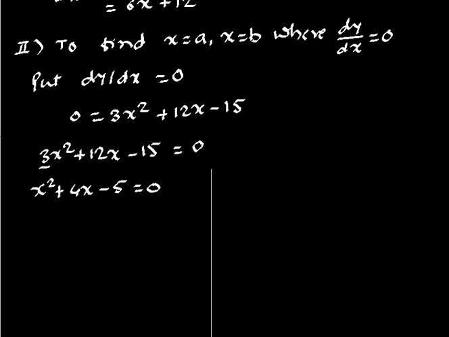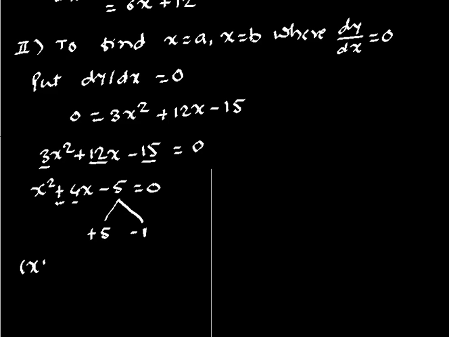Here 3 has gone. This is 3 4s are 12, 3 5s are 15. And now here we split 5 such that the multiplication is minus 5, addition is plus 4. Since the sign needed here is plus, so we give plus to bigger number and minus to smaller number. Now see, the multiplication minus 5, if we add them it is plus 5.